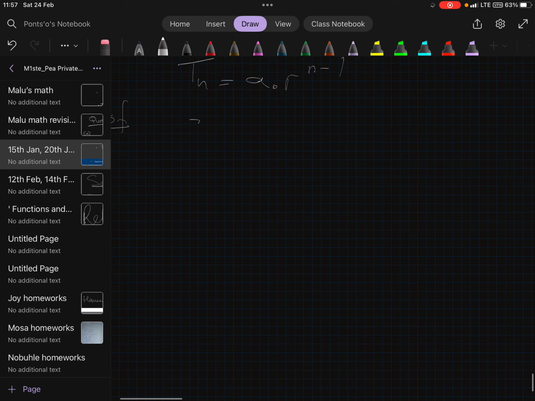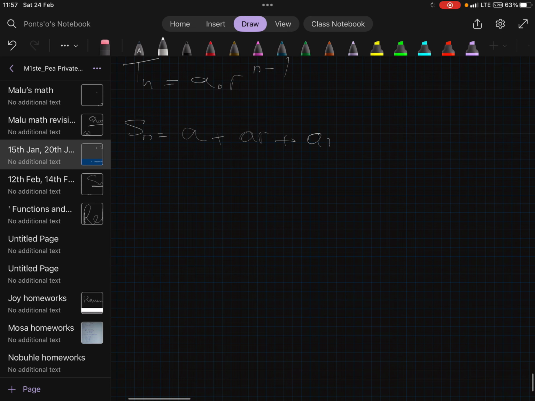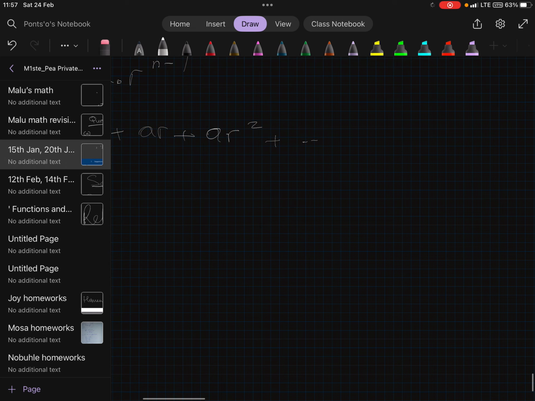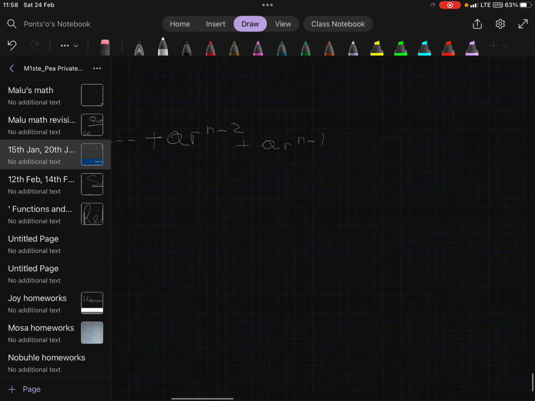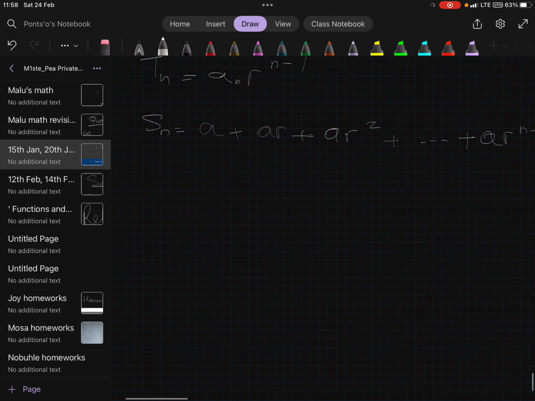For our proof, the sum to the nth term would be, in ascending order: first term plus first term times the common constant ratio plus first term times the constant ratio squared, plus ... plus ar to the n minus 2, plus ar to the n minus 1, and that gives us our first equation.